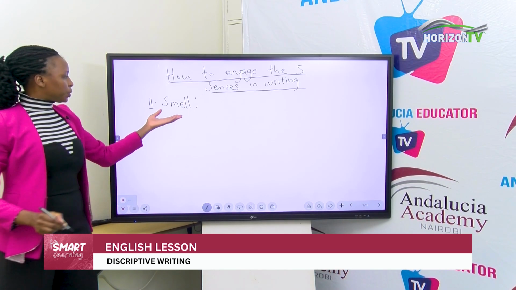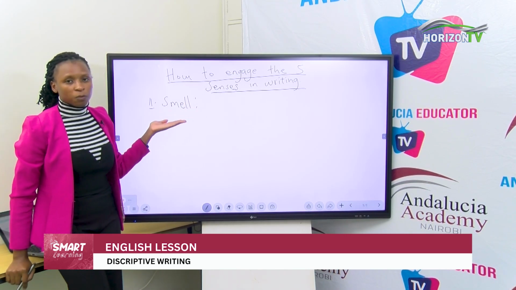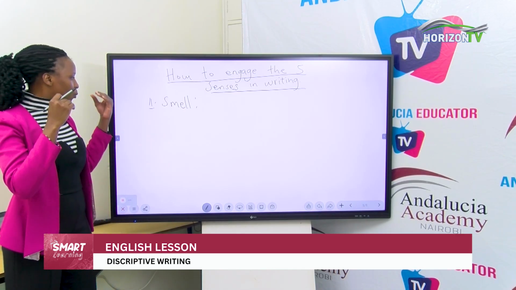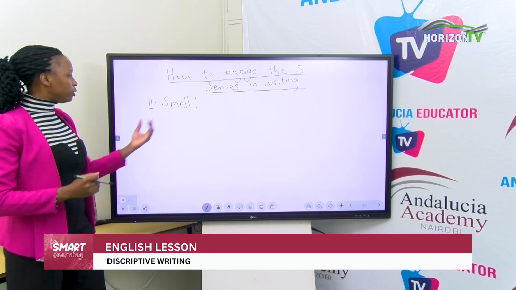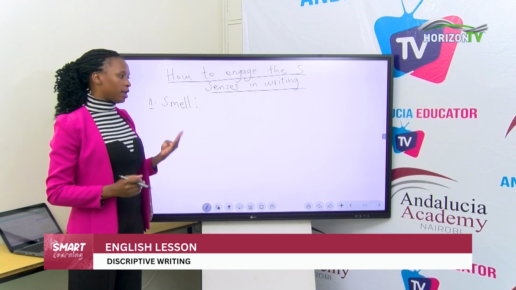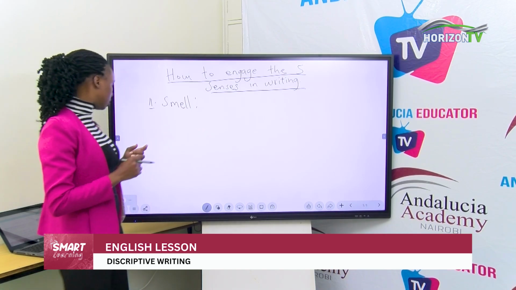So if you want to engage the sense of smell in your readers, it's very simple. Please pick word choice or vocabulary in your sentence that is going to bring out the sense of smell. For example, I'm going to give you a sentence.